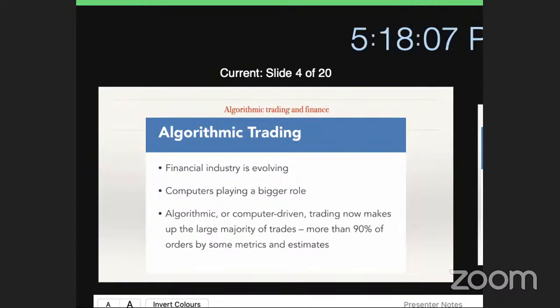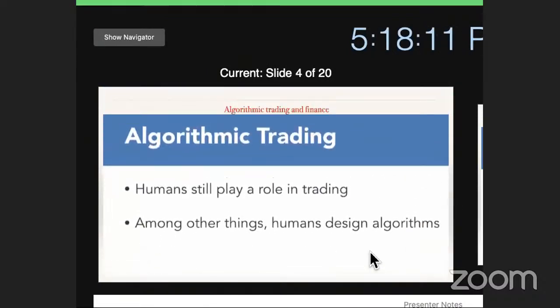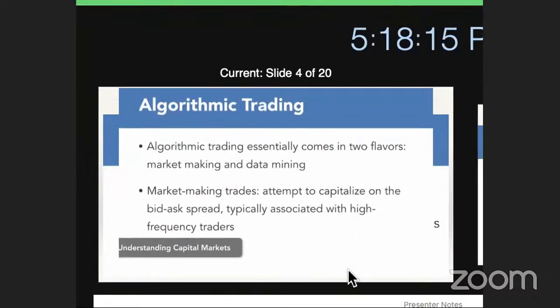So now algorithm trading is coming in two different flavors. Humans have to play a role, as I said, in designing the algorithm. In case you have a little less understanding and you are interested, finance is a field where, after marketing, you have a lot of opportunities, if you want to work in a bank or in a fintech company.